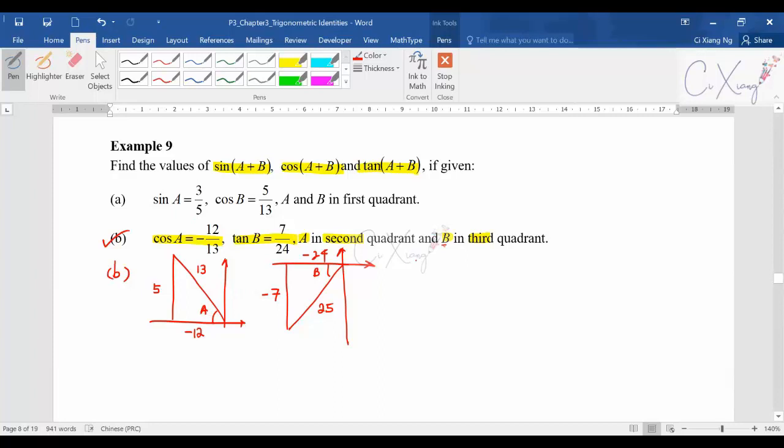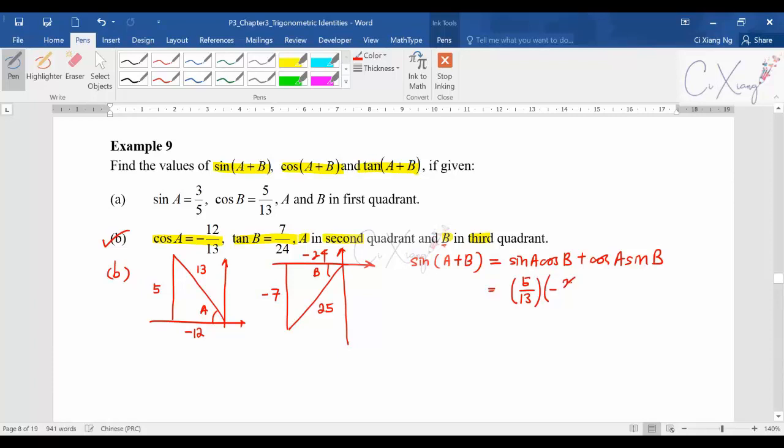To calculate the answer for sine A plus B is very simple. You just need to know how to expand it correctly. Sine A plus B is sine A cos B plus cos A sine B. You just refer to the triangle that you drew just now and put in the values. Sine A should be 5 over 13.